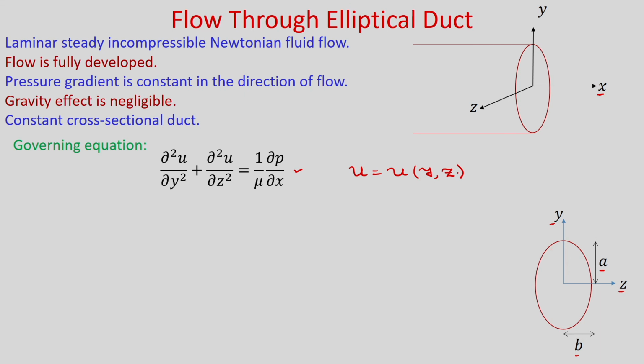So, now we will try to find the velocity profile by just assuming a velocity profile. Let us consider the elliptical duct wall. What is the equation? We will first consider the equation of ellipse.